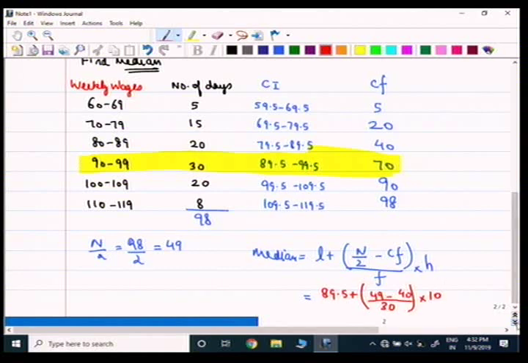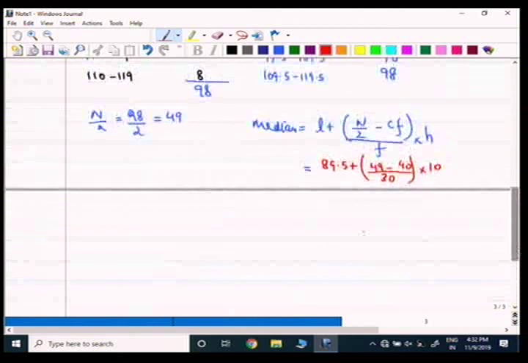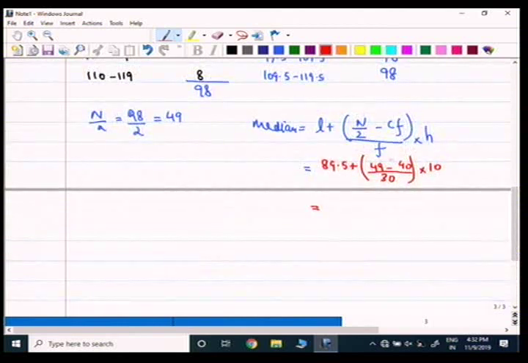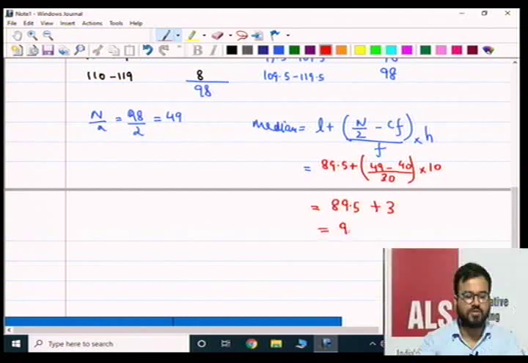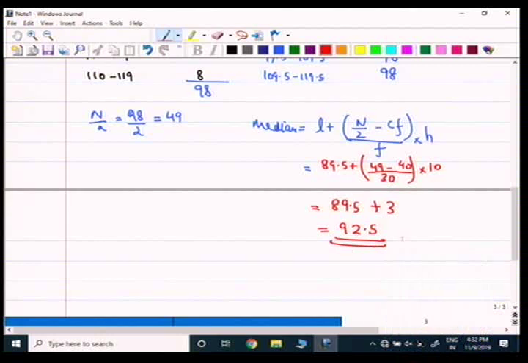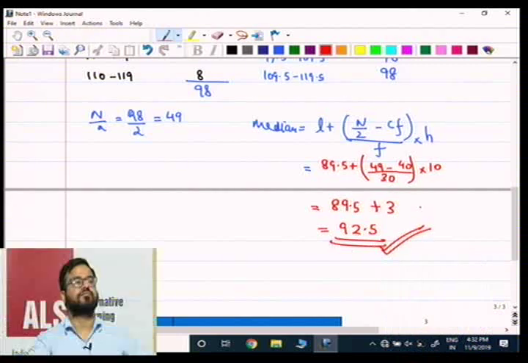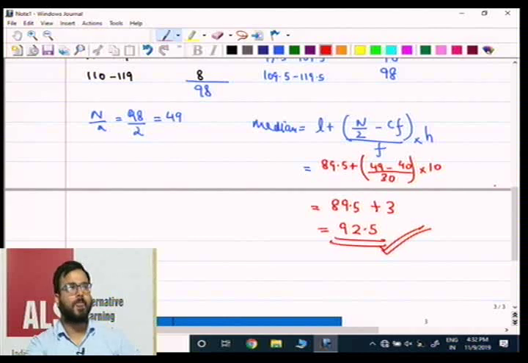Now we just have to simplify this. So 49 minus 40 is 9, 90 over 30. 90 over 30 is 3. So this becomes 92.5. Is this clear to all of you?